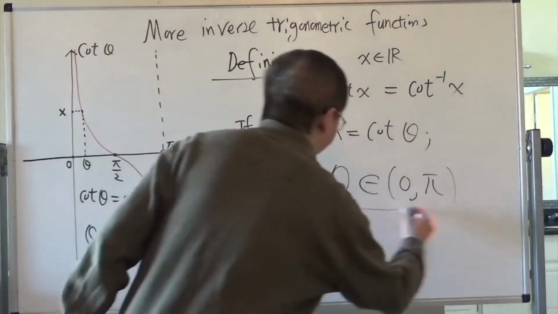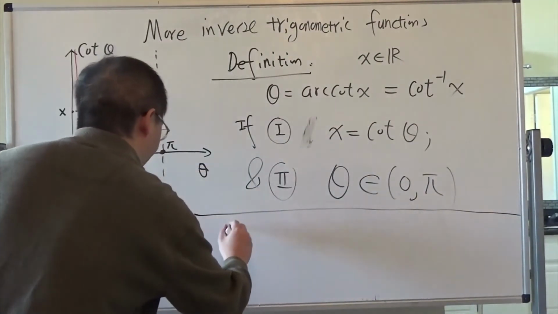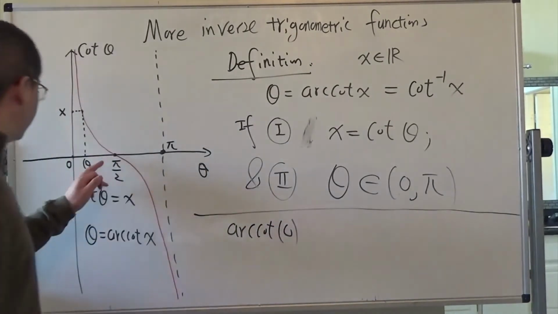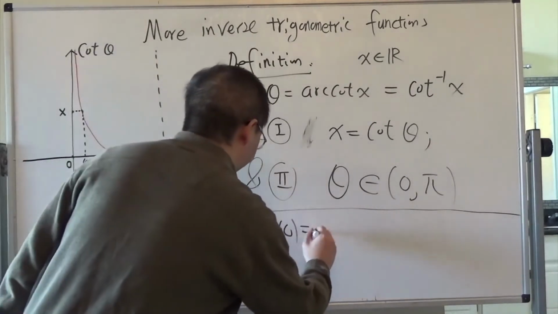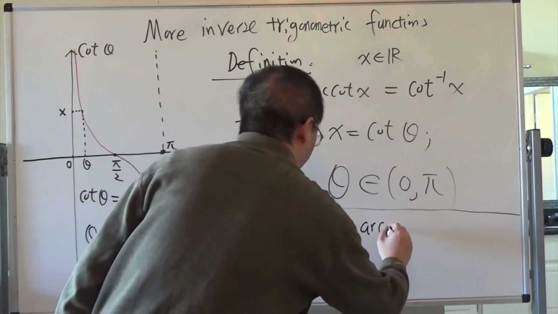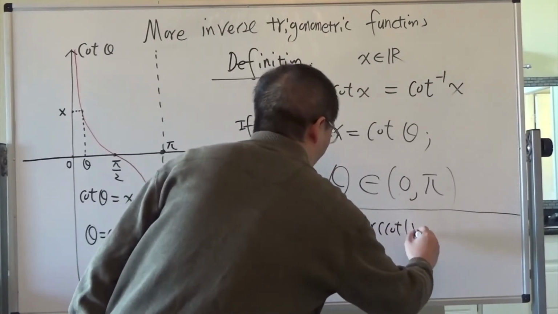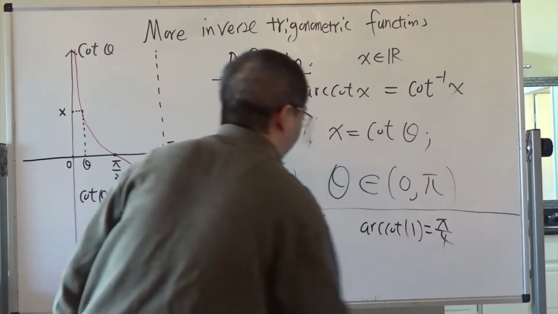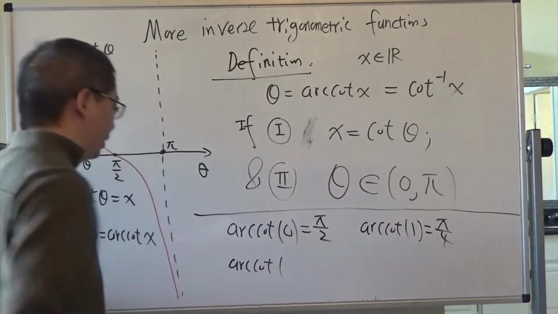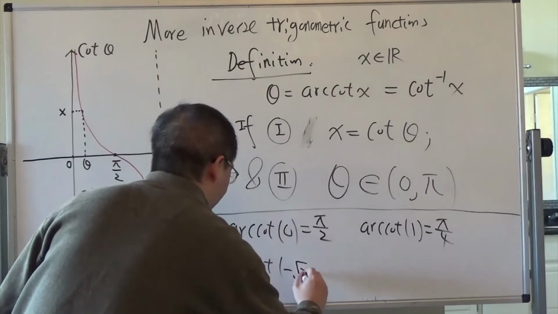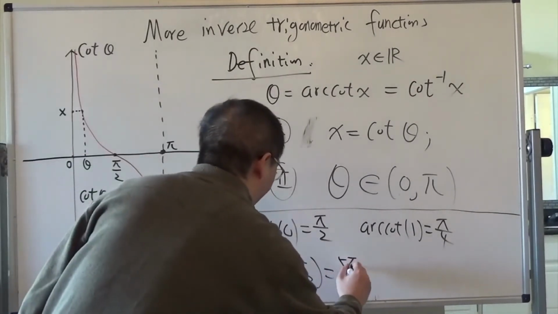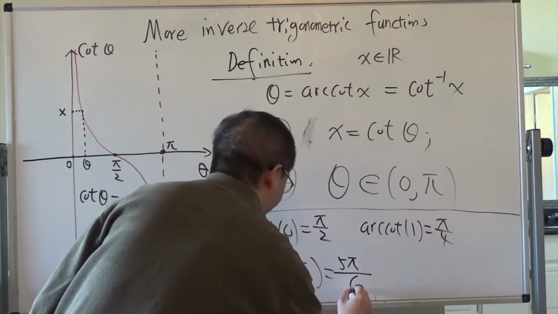Given this definition, arccotangent 0 is pi over 2, arccotangent 1 is pi over 4, and arccotangent of negative square root of 3 is 5 pi over 6.